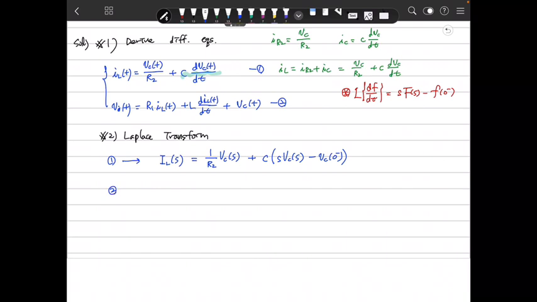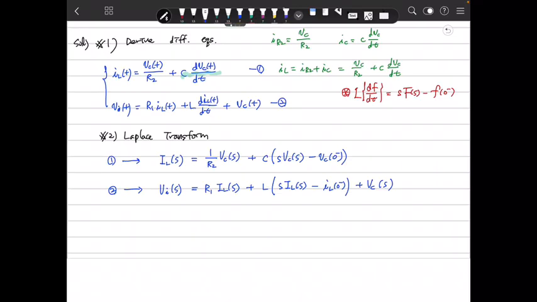The second, VI(s) will be R1 IL(s) plus, for the same reason, L times sIL(s) minus the initial value of current, plus VC(s).